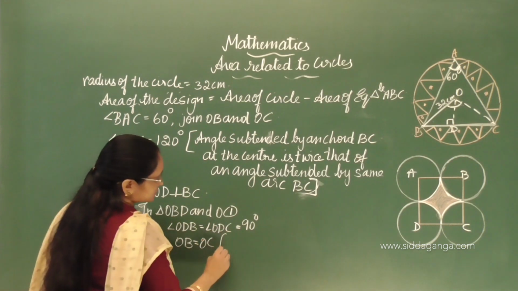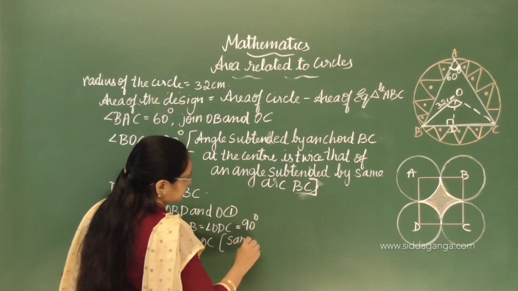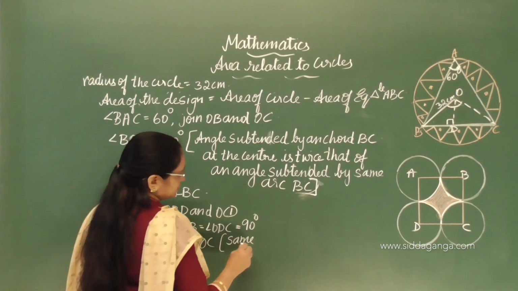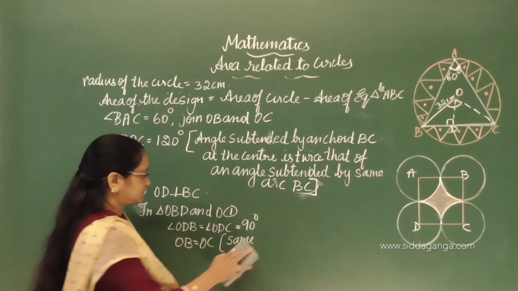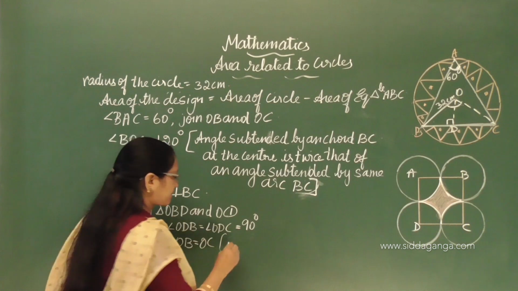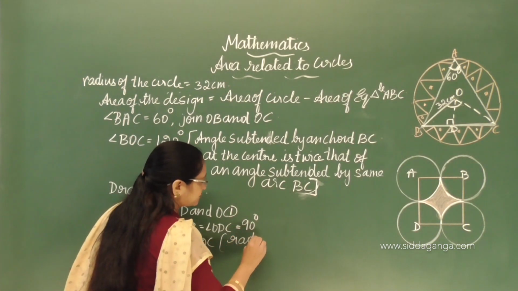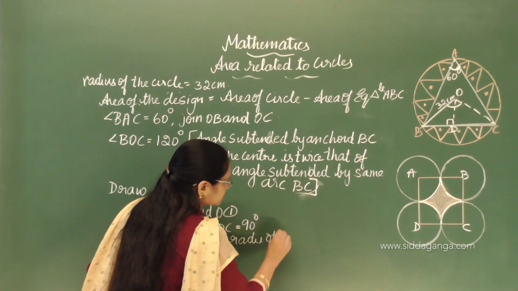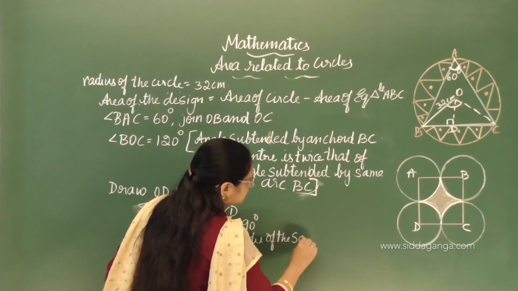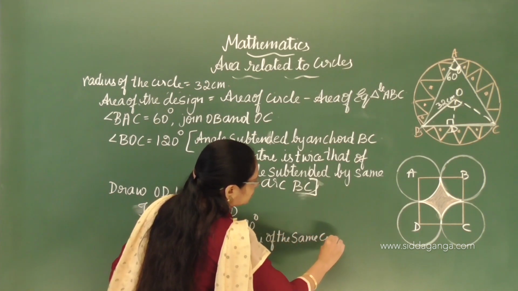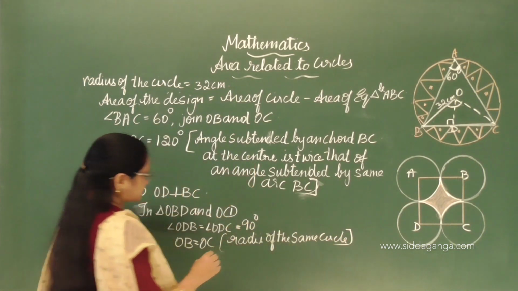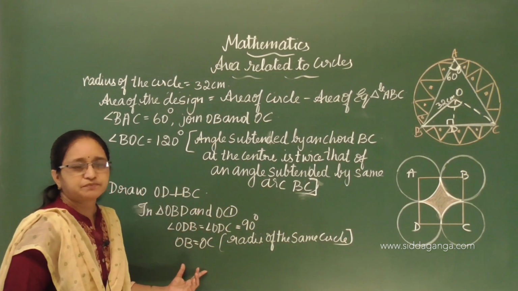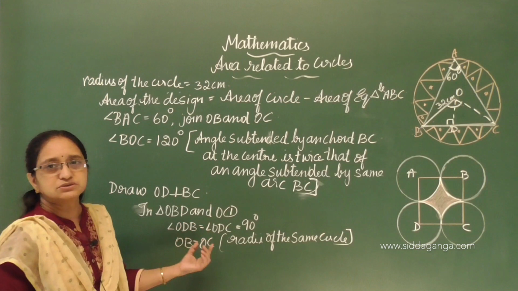Why? Because they are radii of the same circle. See, I have taught this in the previous problems. We have used this concept. Try to recall and do it on your own.